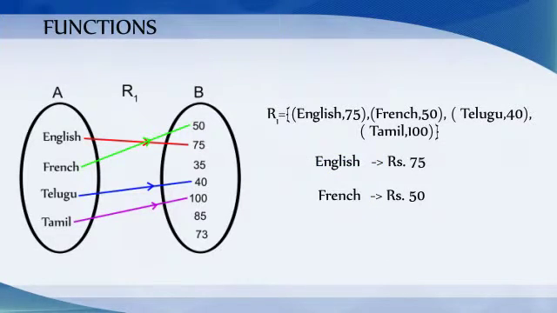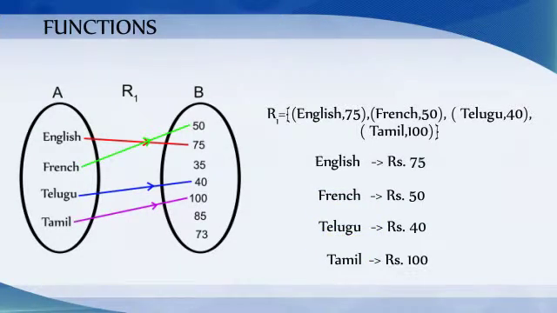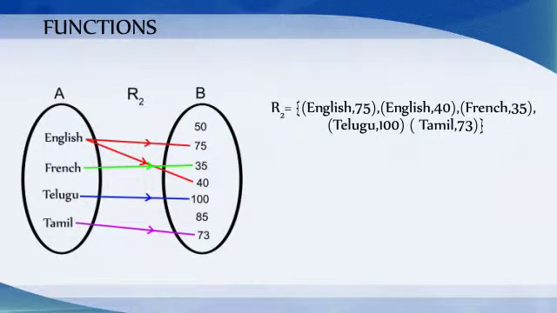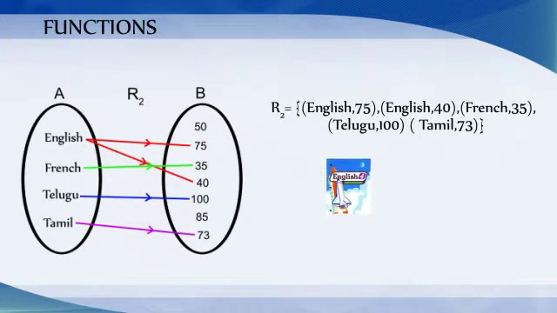The cost of the Telugu book is 40 rupees and the cost of the Tamil book is 100 rupees. Similarly, the relation R2 is also giving information about the cost of each book. That is, the cost of the English book is 75 rupees.